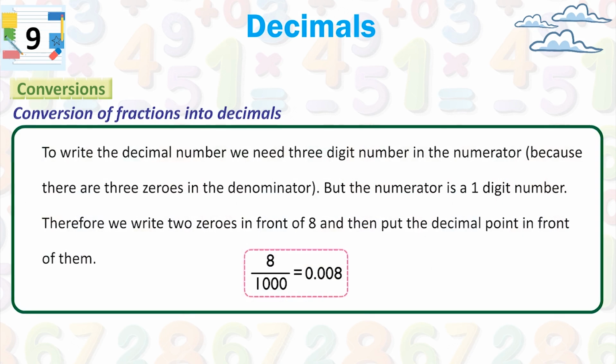To write the decimal number, we need a 3 digit number in the numerator because there are 3 zeros in the denominator. But the numerator is a 1-digit number. Therefore, we write 2 zeros in front of 8 and then put the decimal point in front of them. 8 upon 1000 is equal to 0.008.